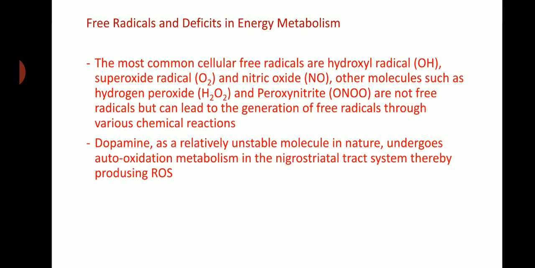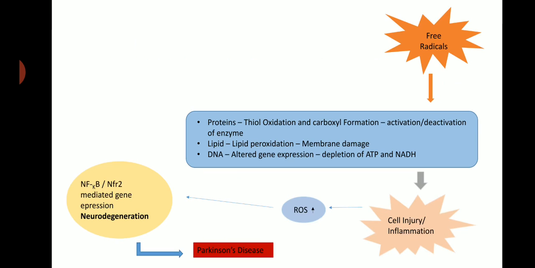Here, dopamine is a relatively unstable molecule in nature which undergoes autooxidation and metabolism in the nigrostriatal tract system, thereby producing ROS. If the free radicals discussed in the previous slide come, they will affect protein, lipid, and DNA.